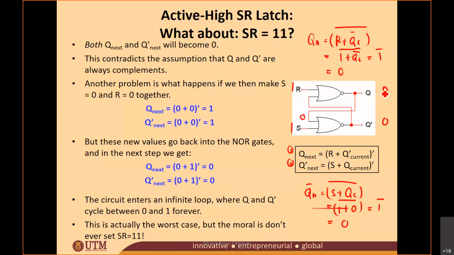Kenapa not valid? Supposedly, kalau sini 0, the Q bar should be 1. Tapi, in this case here, when Q 0, the Q bar also 0. Okay, so this one is wrong lah.